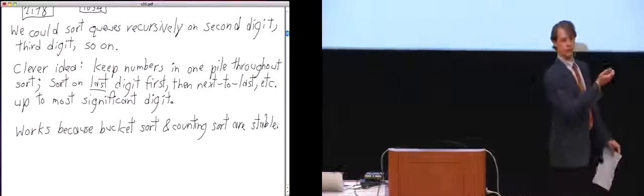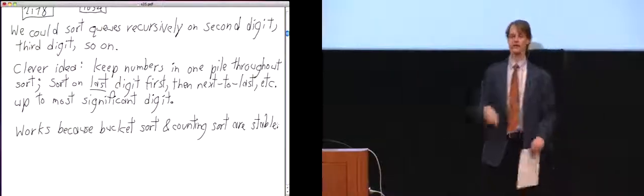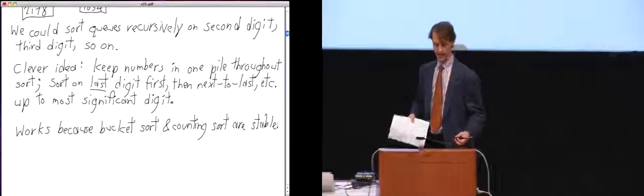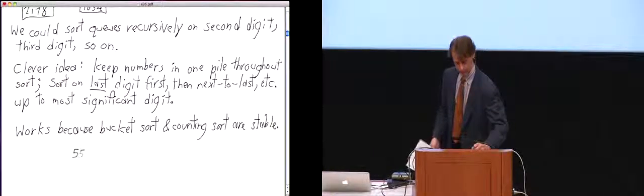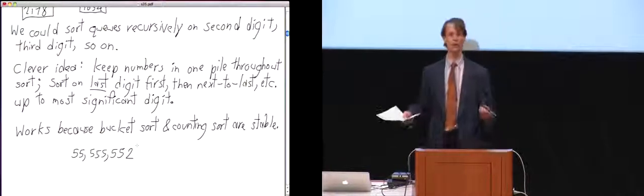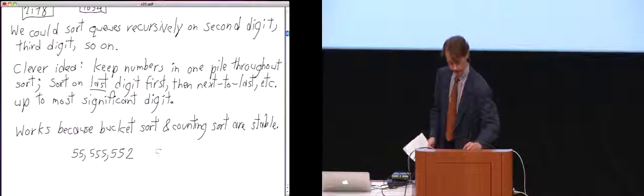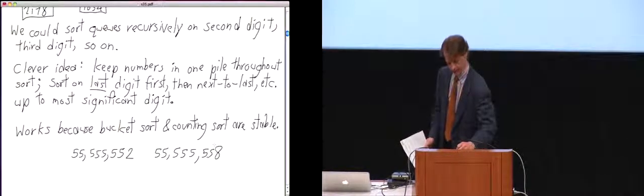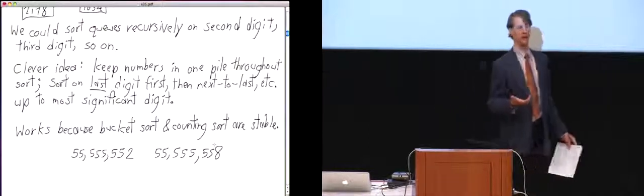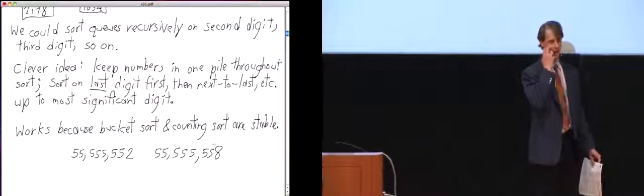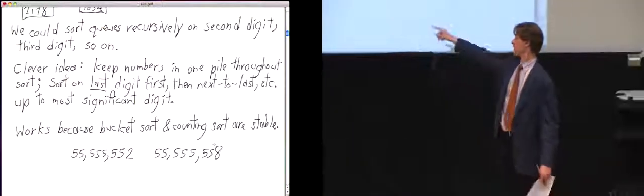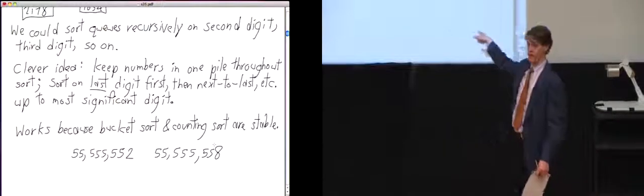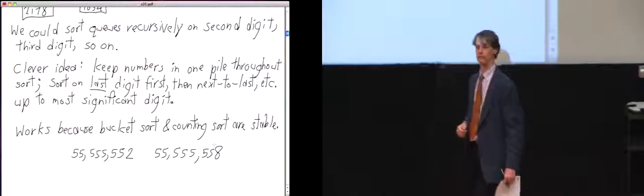So what that means is that suppose we've sorted on the last digit, and when you sort on the last digit, the number 5555552 will be placed before the number 5555558 in the sorted list, because we're just sorting on the last digit, and no matter what happens, that number has to come before that number after we sort on the last digit.